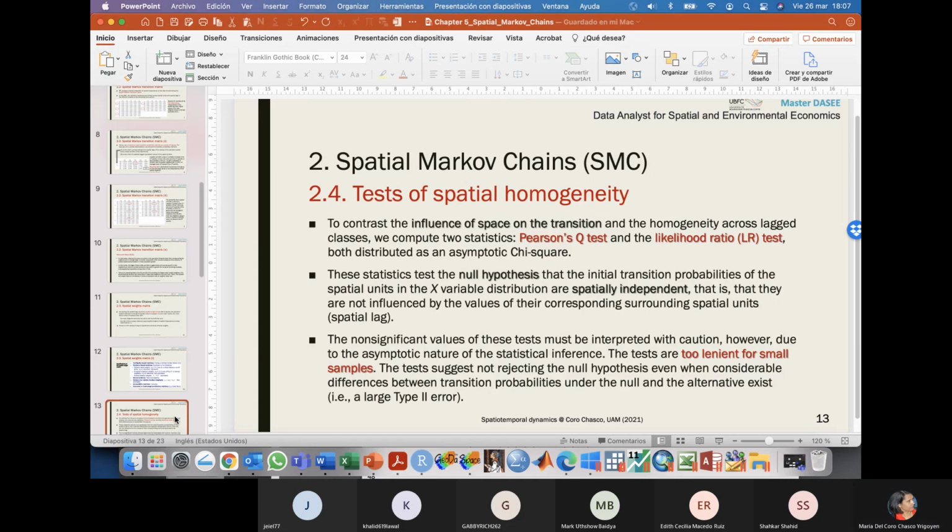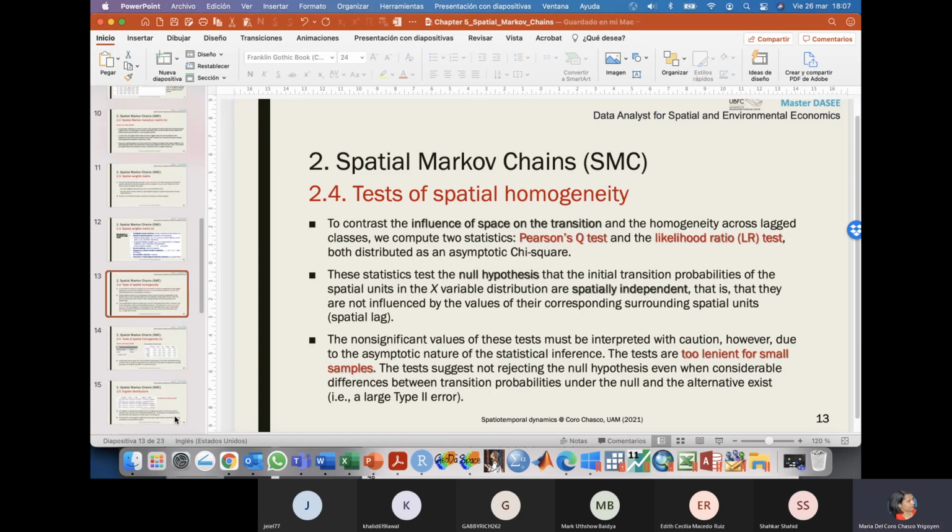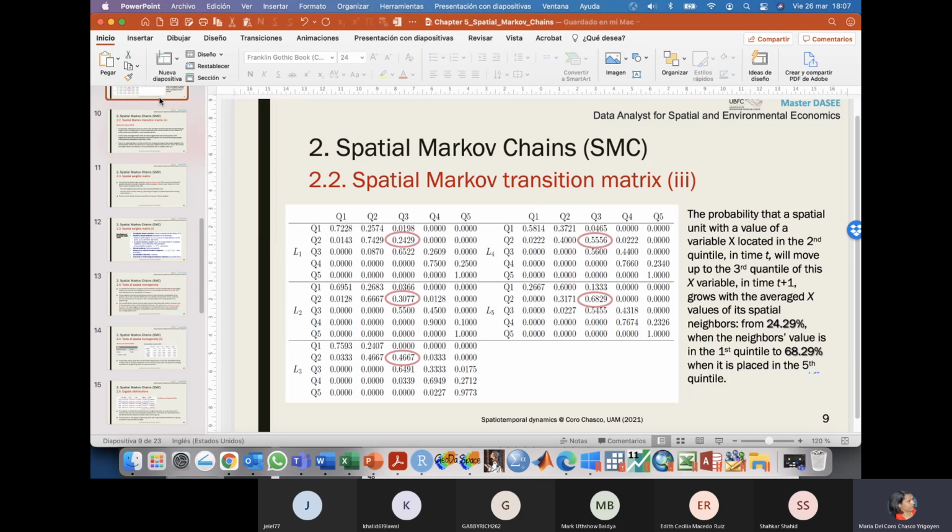Okay. Well, here in the spatial Markov chains, we also have the test for spatial homogeneity. Why? Because it is important to check the influence of space. So perhaps you say, well, here it is very clear with these cases or some other cases, but yes, it is clear, but you are not computing it with a test.